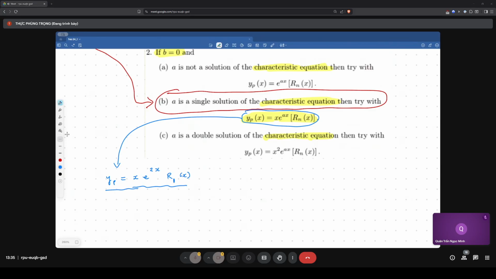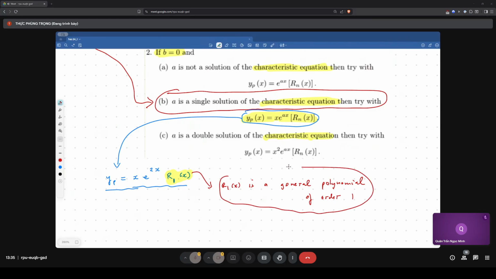Let me write that. So R_1 is a polynomial of order 1. It can be any polynomial of order 1.